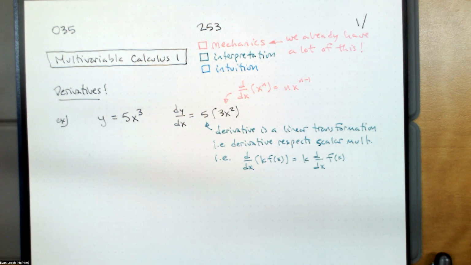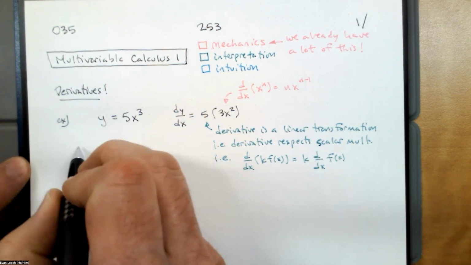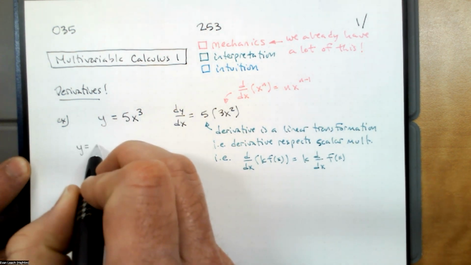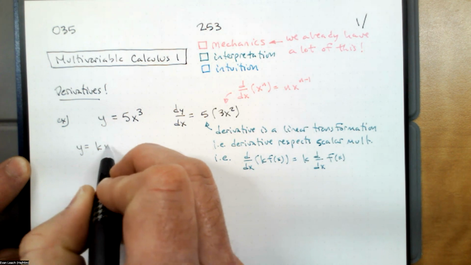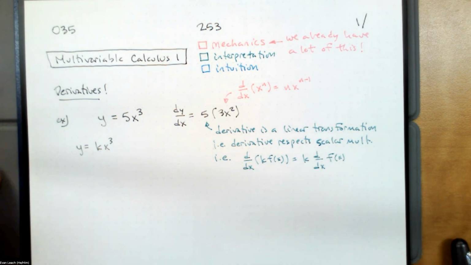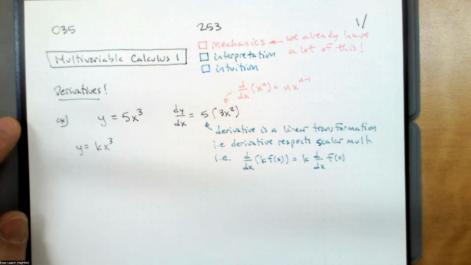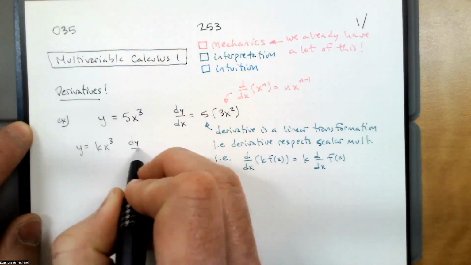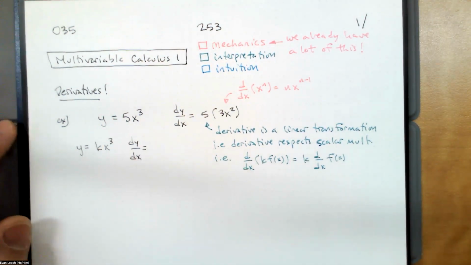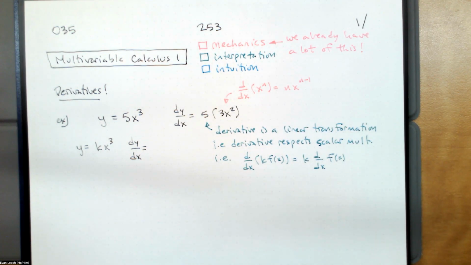So if I had some other constant out there, like k, the mortal constant, what's the derivative, dy over dx? We do the same thing.